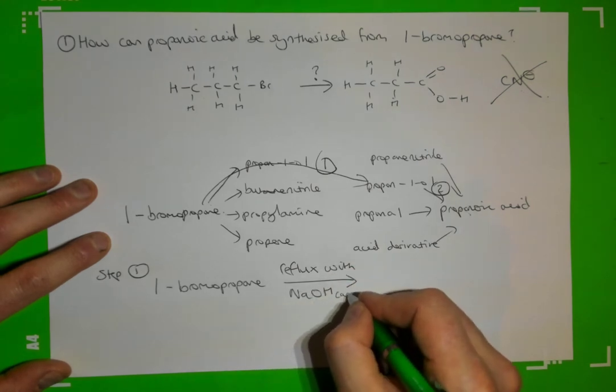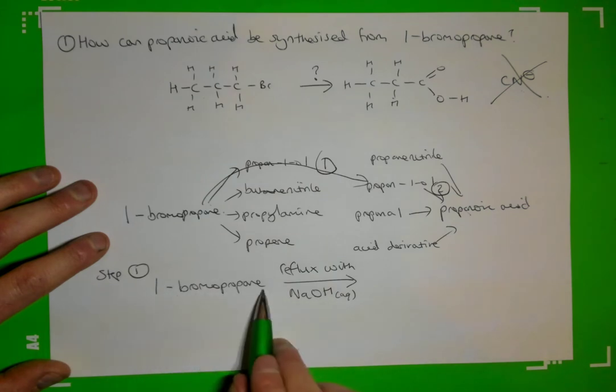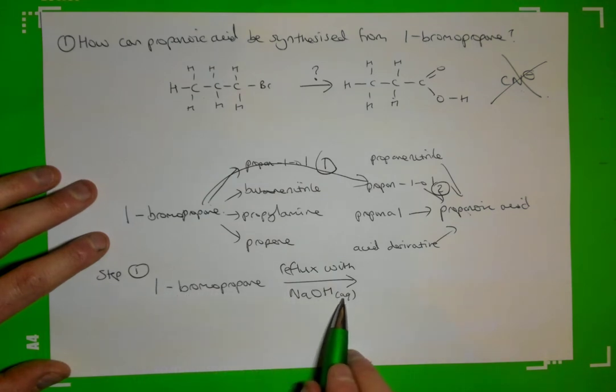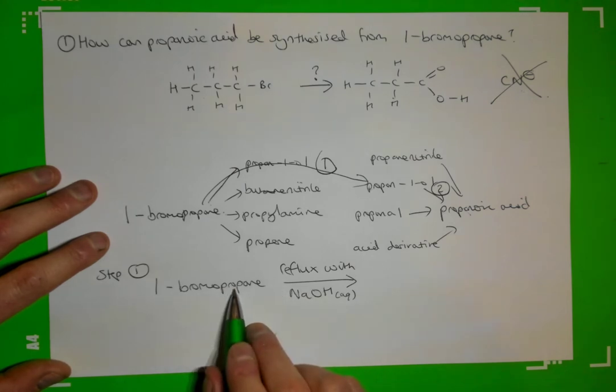So if we reflux that with sodium hydroxide, the OH- there will act as a nucleophile, and the haloalkane will turn into an alcohol. Now, if you didn't know that, you need to go back to the haloalkanes topic that we did last year.